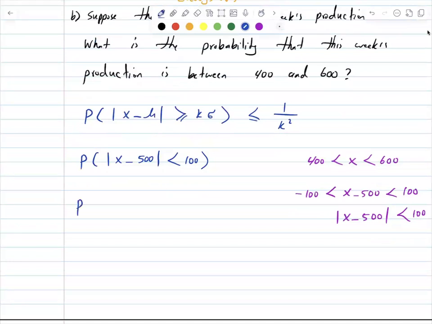The probability that the absolute value of X minus 500 is more than or equal to 100, based on Chebyshev's inequality, is less than or equal to 1 over 10 to the power 2.